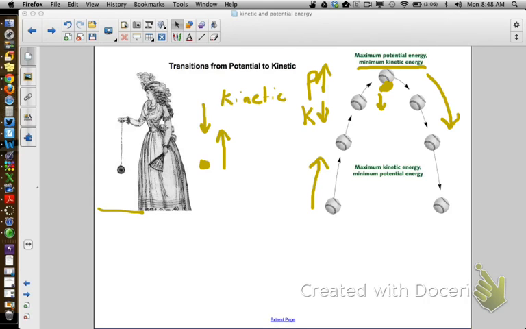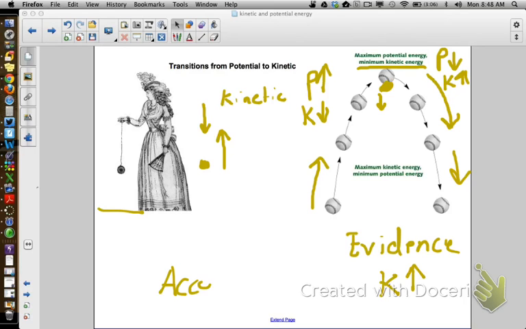As it's falling, we see potential decreasing, but kinetic is increasing. We see that evidence as the ball is going downward. We're seeing it getting faster and it's accelerating, and that evidence tells us that the kinetic energy is going up. So if things accelerate, that means we have an increased kinetic energy.